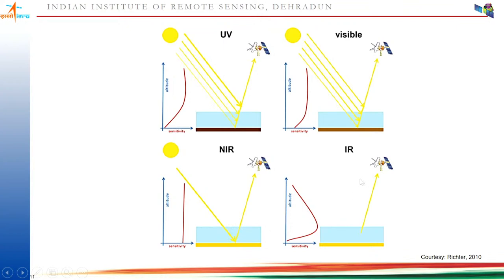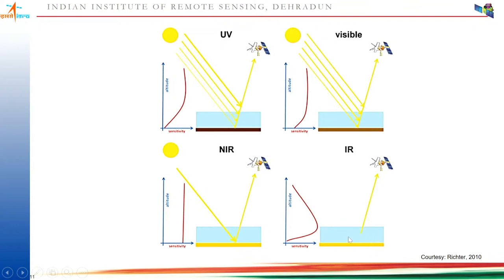In the thermal infrared, it is basically emission, and different layers, the lower, middle and upper troposphere, emit thermal emission which reaches the satellite sensor. This helps us understand the different constituents at different layers.